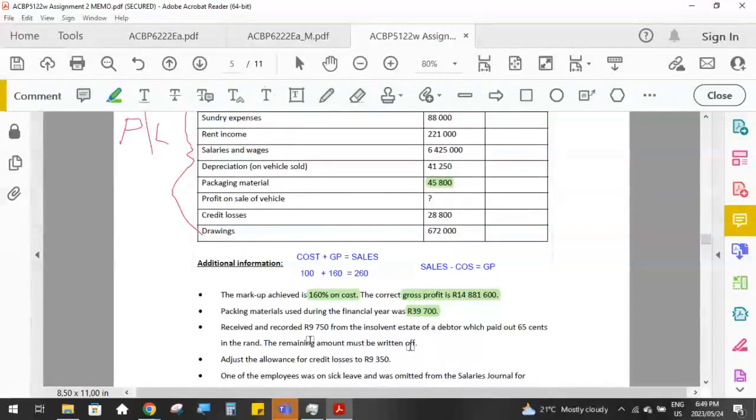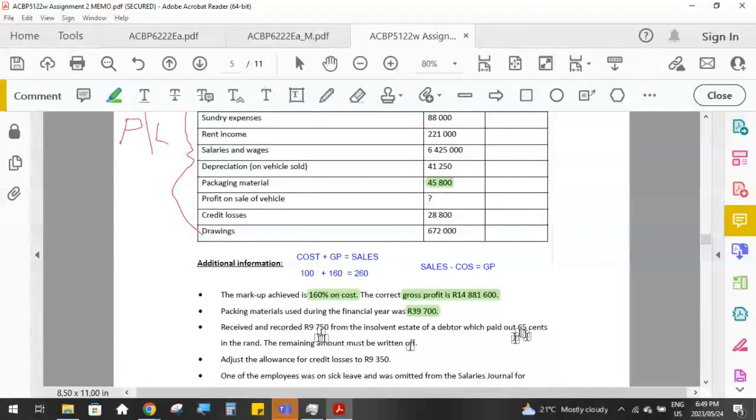So the actual amount that we received was 9,750. So we take 9,750 divided by 65 cents, and that will tell us what the total amount is that they owed us. So they owed us 15,000 Rand, but for each one of those Rands, we only received 65 cents.